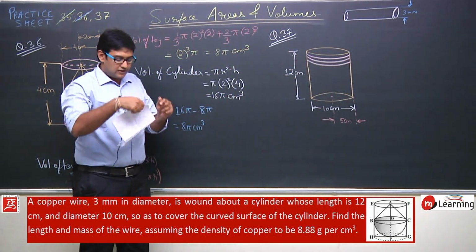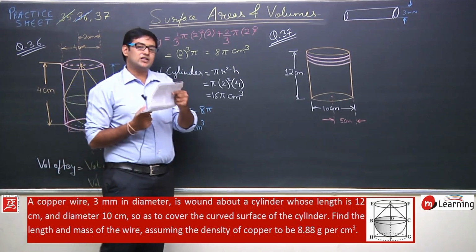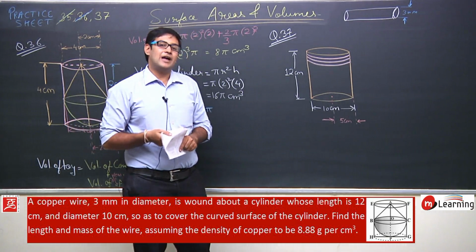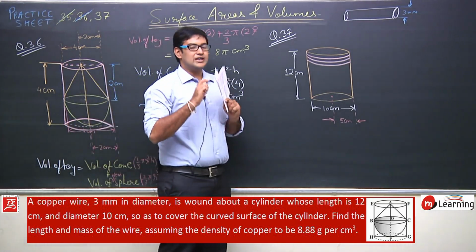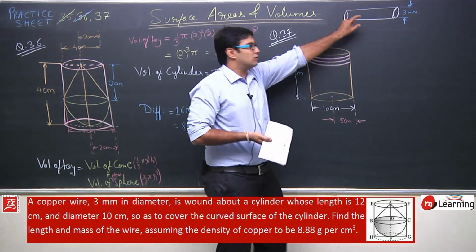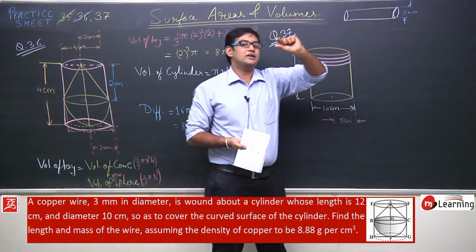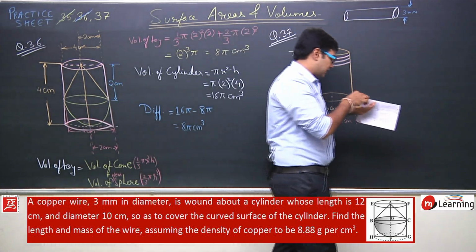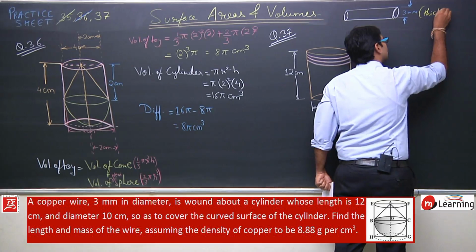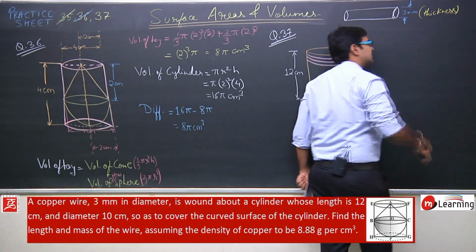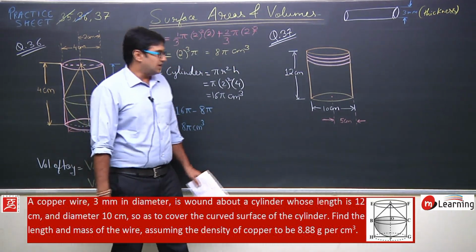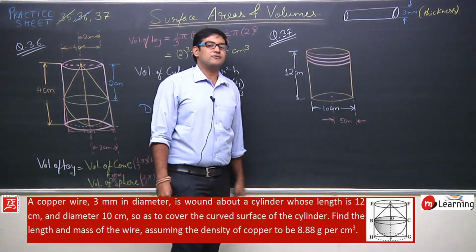Now, further it says find the length and the mass of the wire. So we need to find the length of the wire. So try to understand. I have this wire which is of 3 millimeter in diameter. It means this 3 millimeter represents the thickness of wire, and it is wound about this curved surface.